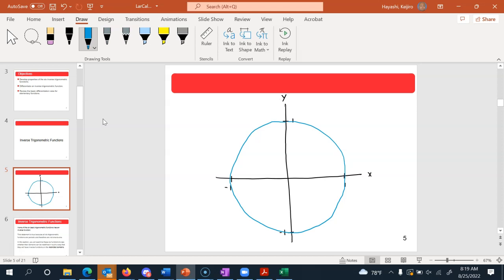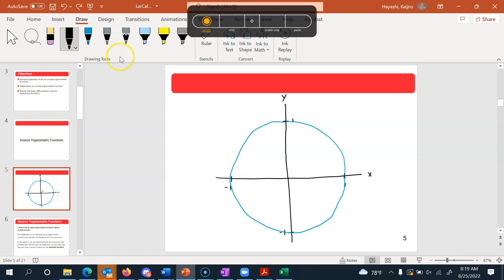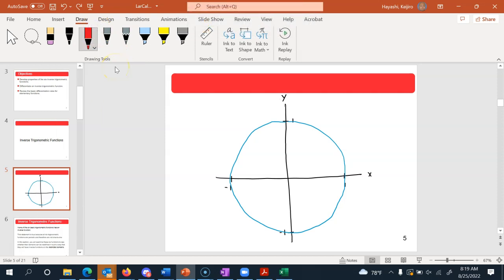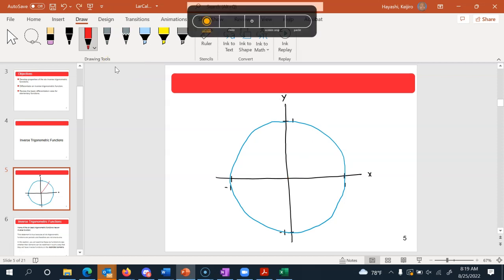And there are various angles that you can make starting at the origin and terminating with this circle. For example, you can have the angle of 45 degrees. But of course, we're not going to call it 45 degrees.